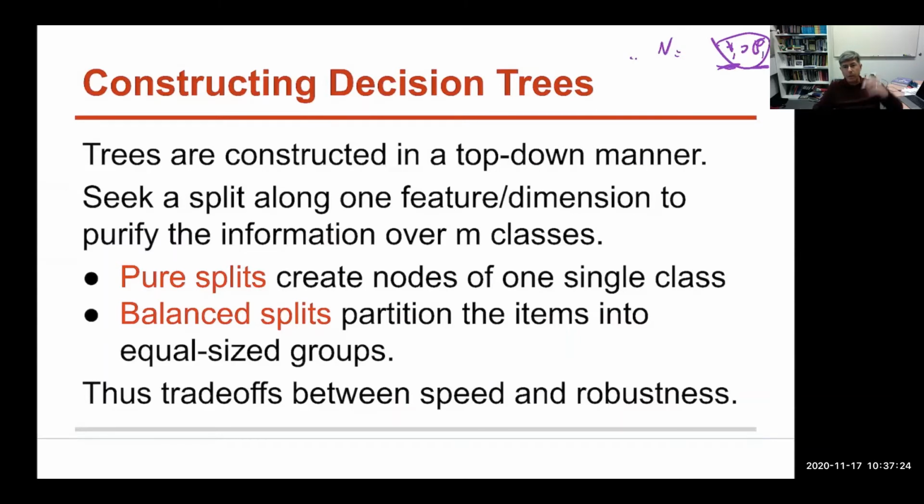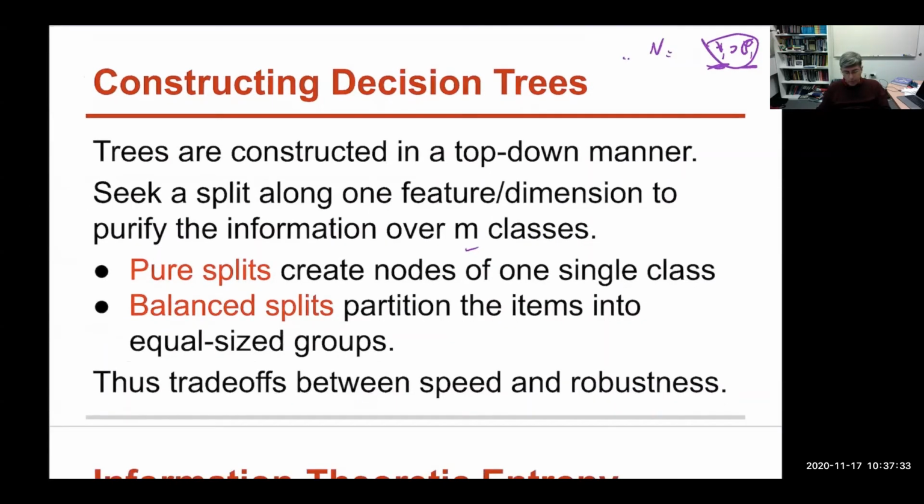If you have m features, or in this case, I guess m is the number of classes, and d is the number of dimensions, then for any dimension, if we think of the x value, there are going to be different values.